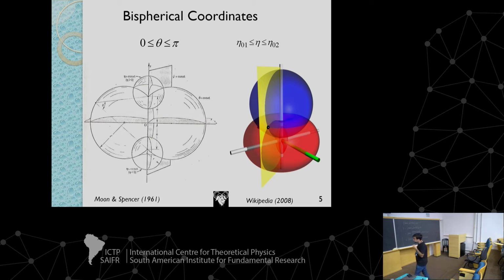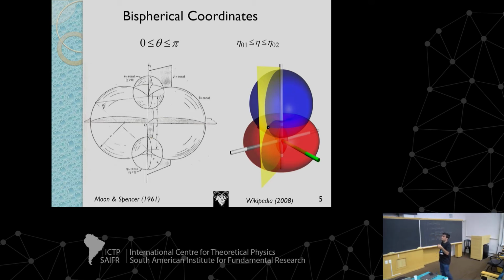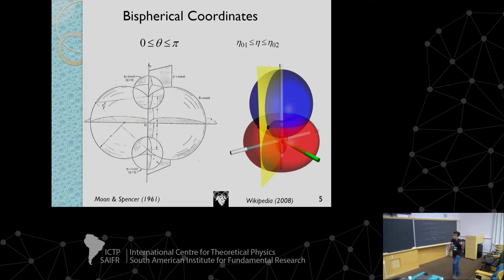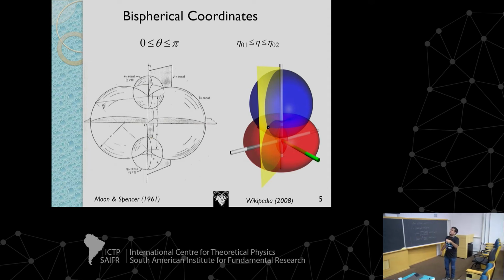And surfaces with constant eta are spheres. So we have here eta greater than 0 in this sphere and eta lower than 0 in this sphere. Okay? So as I said before, we can consider different size spheres. It's no problem. Different magnitudes of eta. Okay.